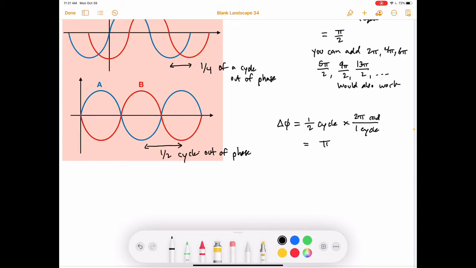But again, we can add to that. You can add 2 pi, you can add 4 pi, you can add 6 pi, and the waves will be lined up in the exact same way. So in other words, we have 3 pi, 5 pi, 7 pi, all the odd multiples of pi would also work. Okay? So that's how we sort of quantify the phase difference in these two examples.